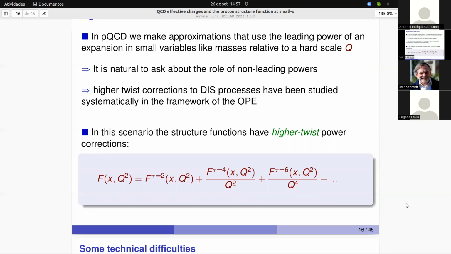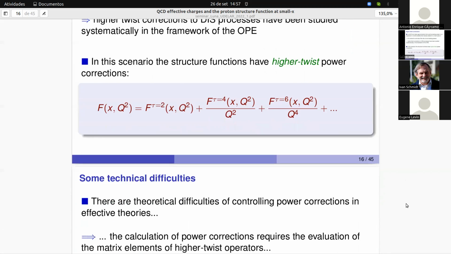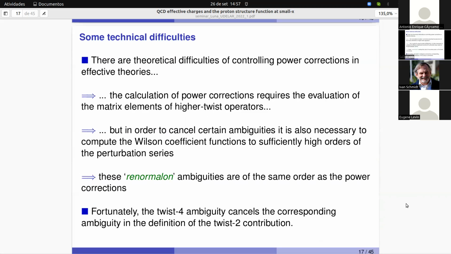And that expansion doesn't work at very small magnitude. We see that in fact this is not true if you use the idea of effective charge, because this kind of problem is related basically with the behavior of the coupling at very small Q squared.